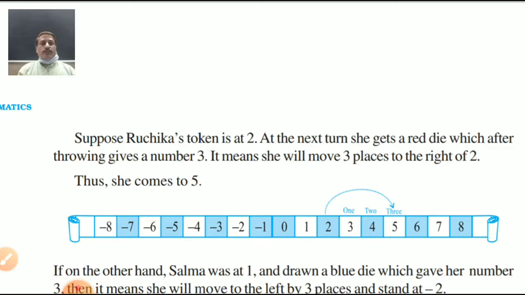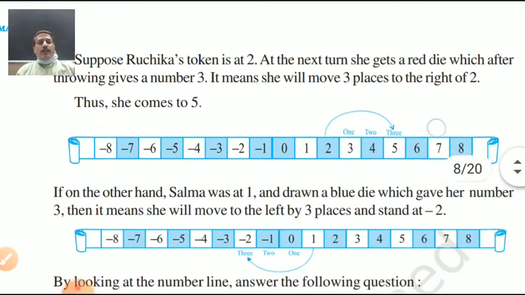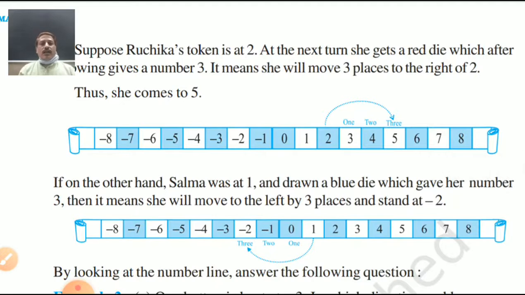Yes, very good. So she reaches 5. If, on the other hand, Salma was at 1, this is a game played with a die. Salma was standing on 1 and drew a blue die which gives her number 3. That means she will move to the left by 3 places. Yes, and she stands at -2.